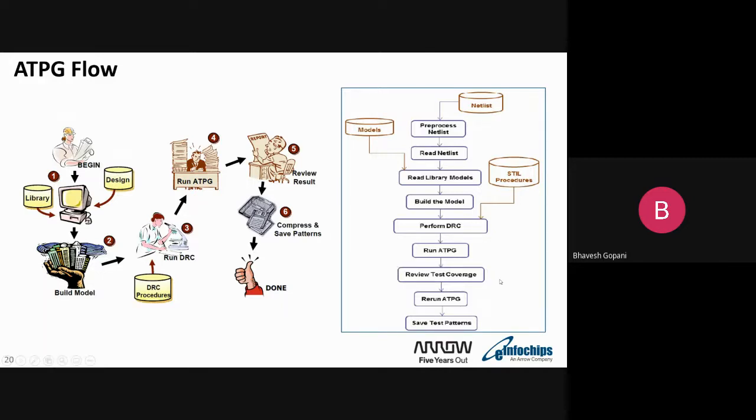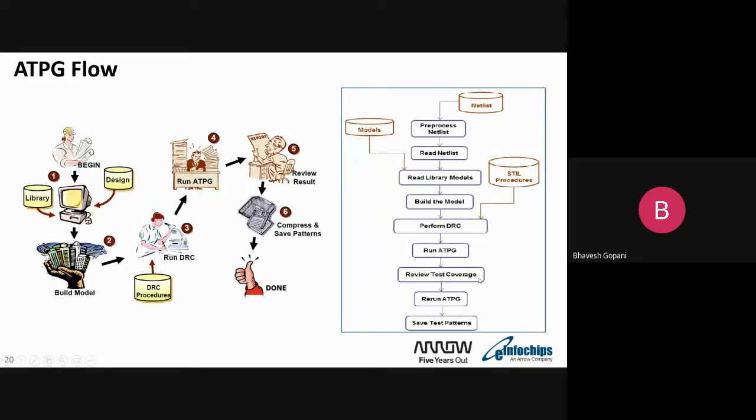For stuck-at normally we need to have 99% target coverage, but for TDF it depends on the design and on the clients. Normally the standard is 90 to 95% target coverage for TDF. If coverage is not coming as expected, we need to review where the coverage is lost in the design.